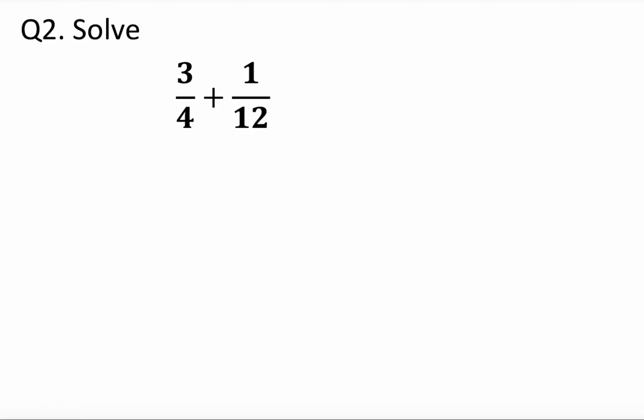So if we multiply the denominator and the numerator of the first fraction by 3, that would equal 3 times 3 is 9, 3 times 4 is 12.